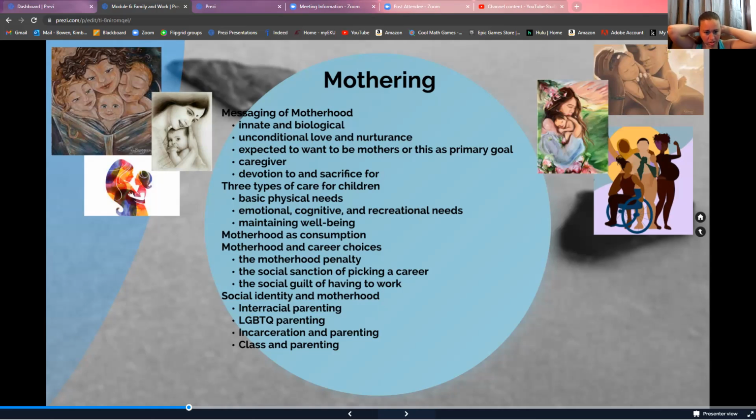And then when we talk about motherhood, there's also interracial parenting, where there's this negative connotation or messaging that a white parent can't parent a person of color, or vice versa. We have LGBTQ parenting. So again, this idea that we're going to turn all the kids gay by being parents and queer at the same time, which is kind of insane.